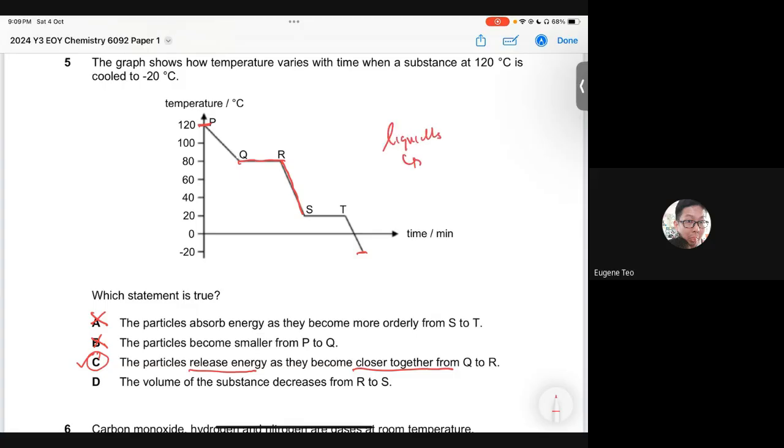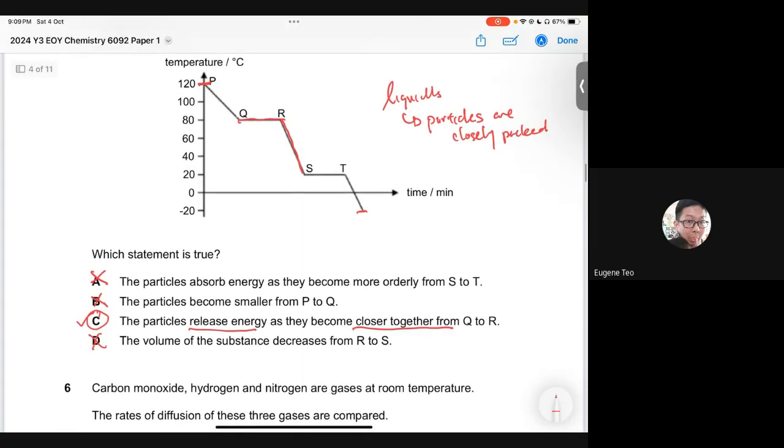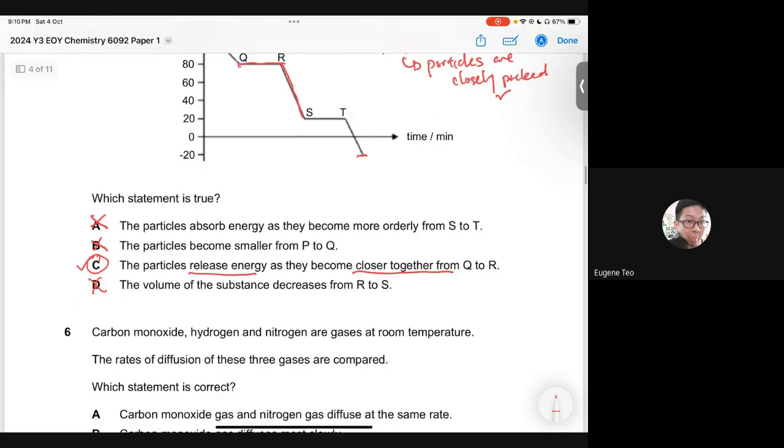The particles are already very closely packed. So in a sense, if you pull it down, they don't have much space for the volume to contract anymore. Okay, so therefore, if I look at C and D, which is the better answer? Actually, C will be the better answer. Okay, so just take note of that. So because of this closely packed, and then you know that having the option C, which is actually a better answer, therefore C will be the answer instead of D.